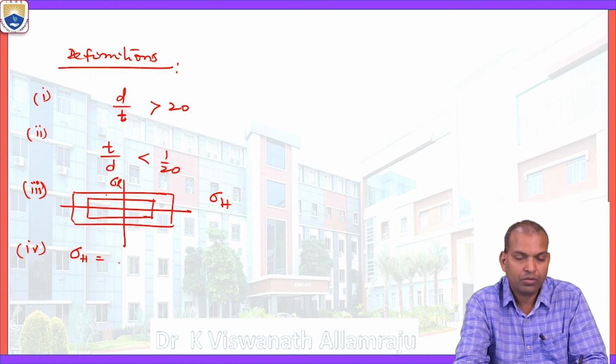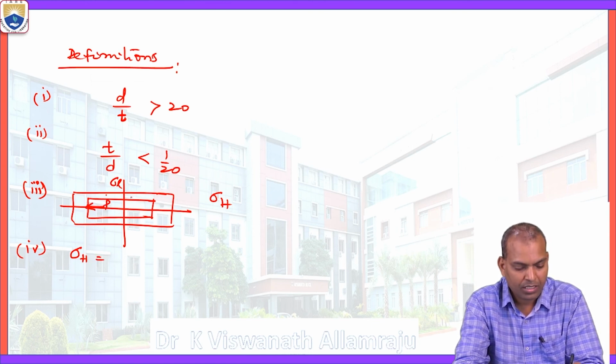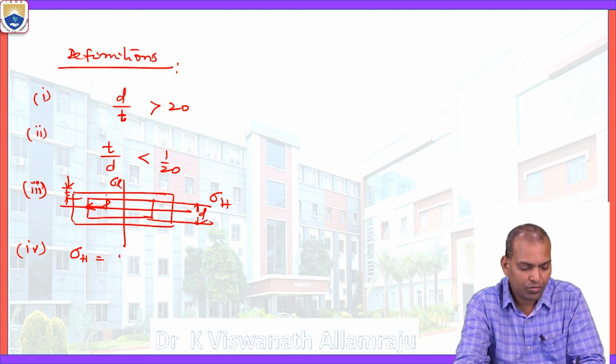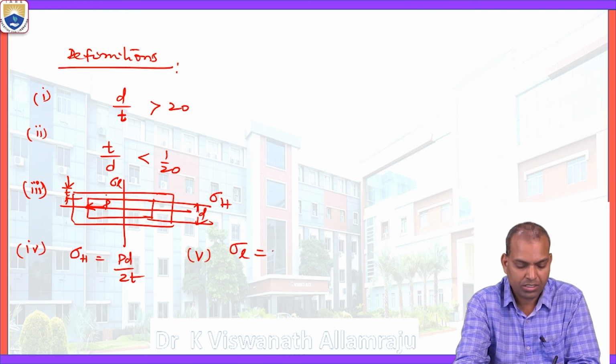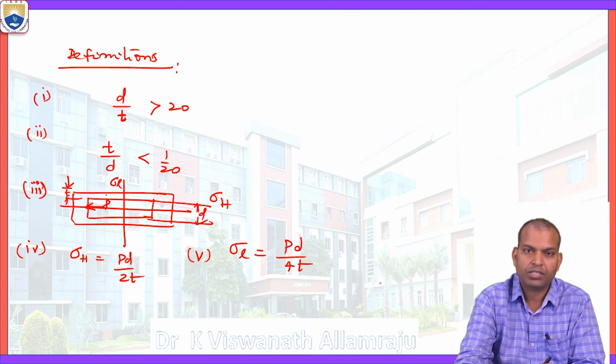Sigma h equal to the internal pressure P, the thickness T, and the diameter small d. Then sigma h equal to Pd by 2T. And sigma L, the longitudinal stress, equal to Pd by 4 times thickness.